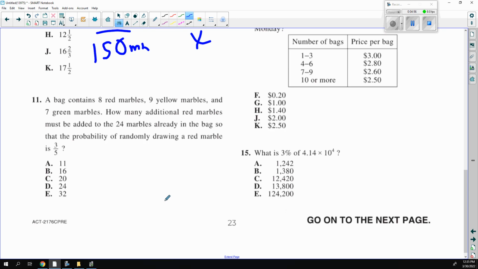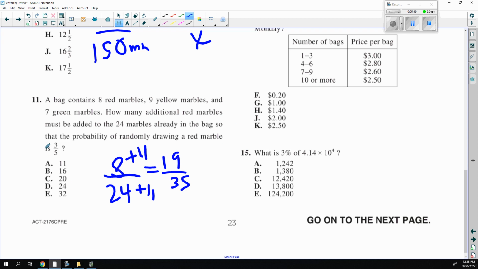11 is a classic plug and chug. We want red marbles, so there are 8 reds out of the 24. So if we add 11 to it, then we would add 11 to the top and bottom. We would get 19 out of 35.